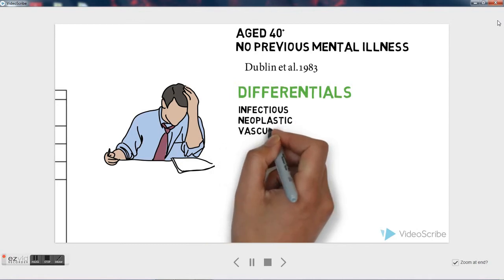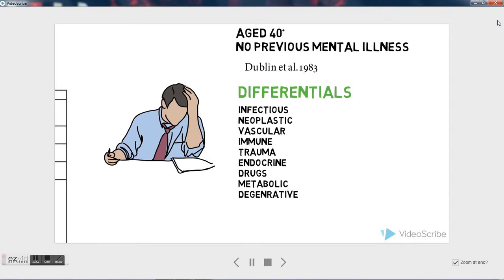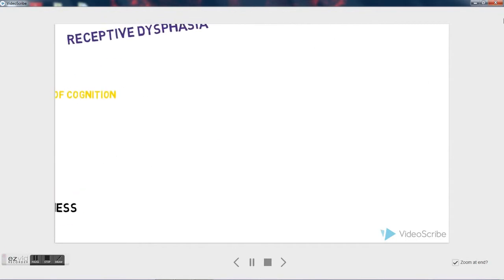These include infectious causes, such as urinary tract infection and chest infection, neoplastic disorders such as brain tumours, vascular problems including stroke, MI and heart failure, rare immune causes such as neuropsychiatric lupus, trauma causing subdural or extradural hematoma, endocrine causes such as thyroid problems or diabetic ketoacidosis, drugs, alcohol, digoxin and diuretics, metabolic causes such as chronic hypoxia from COPD, and degenerative disorders such as dementia can predispose.